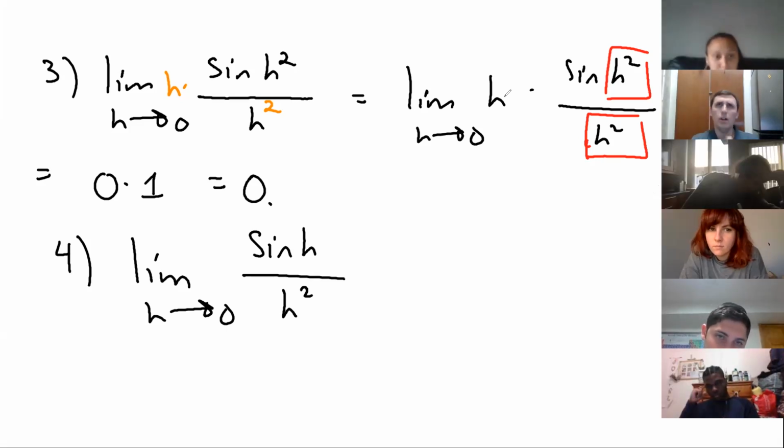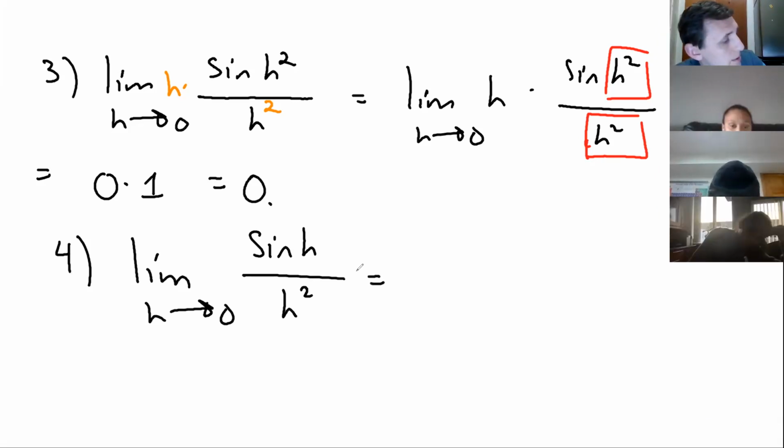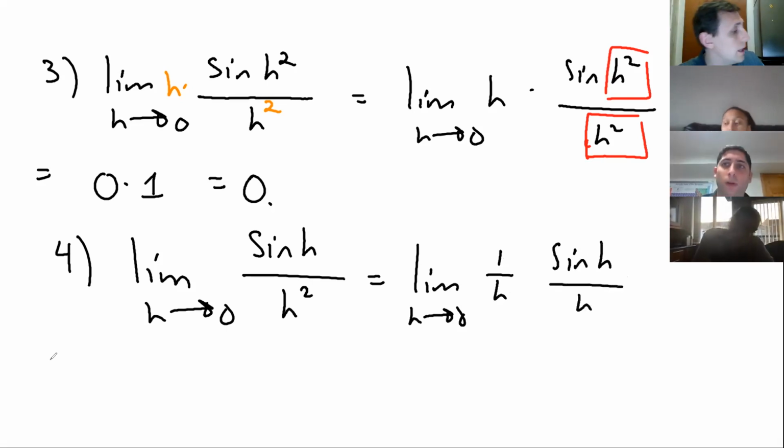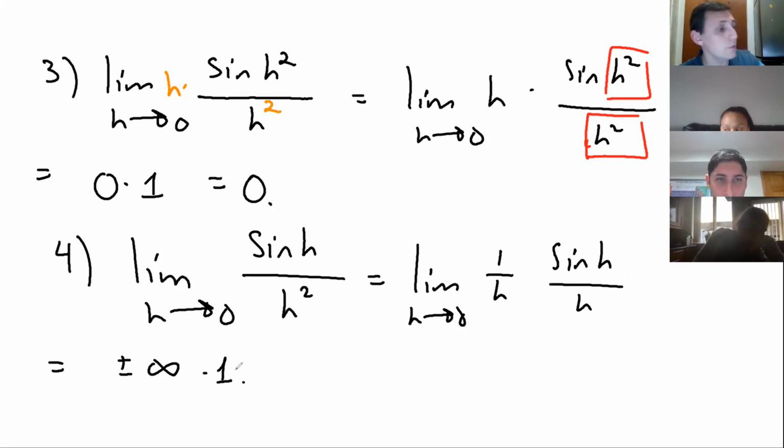So unknown means that, well, I do not know what the limit is, or perhaps you mean something else. Does not exist. Very good, it does not exist. Now why wouldn't it exist? Because this is simply the limit as h goes to 0 of 1 over h times sine h over h. And what is that approaching, guys? Depending on the approach of h, the 1 over h will approach either plus or minus infinity multiplied by 1. Sine of h over h approaches, well, right? So it does not exist. Good?